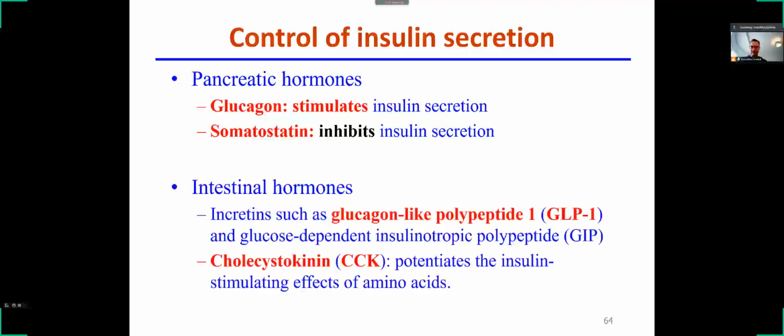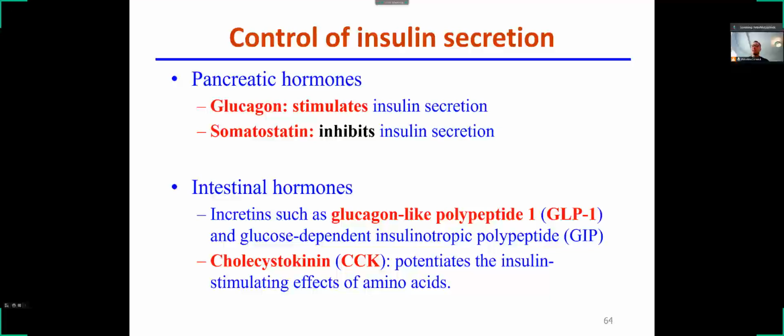In addition, you also can have control by intestinal hormones, and these are called incretins. So one big example is the glucagon-like polypeptide GLP-1, and its related glucose-dependent insulinotropic polypeptide, also commonly known as GIP.